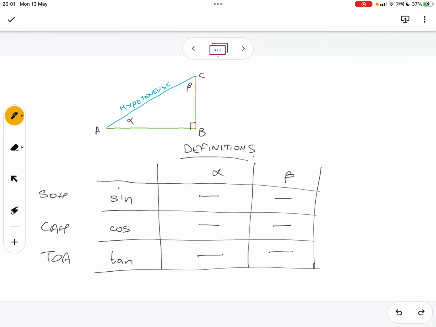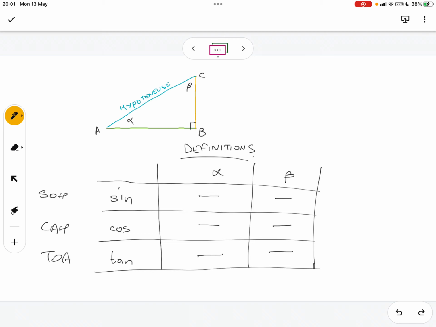In a right-angled triangle, each side has a specific name. The hypotenuse is always opposite the 90-degree angle. And the angle that we are looking at, the side that is opposite it is the opposite side.